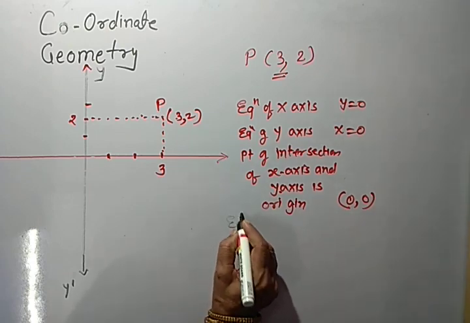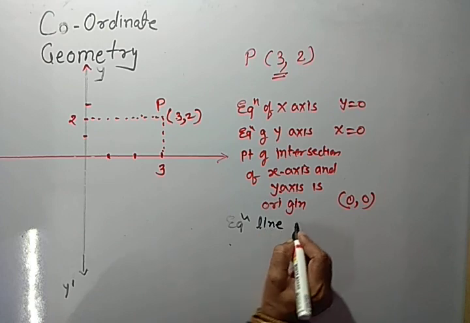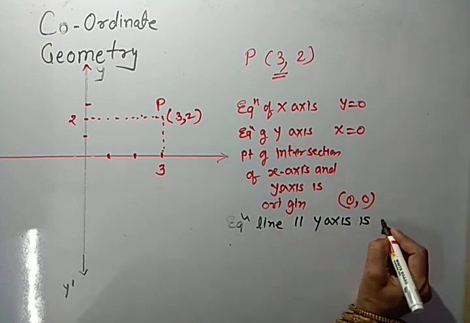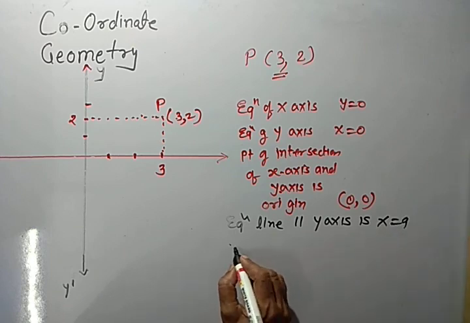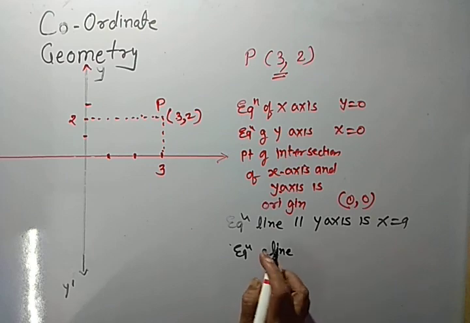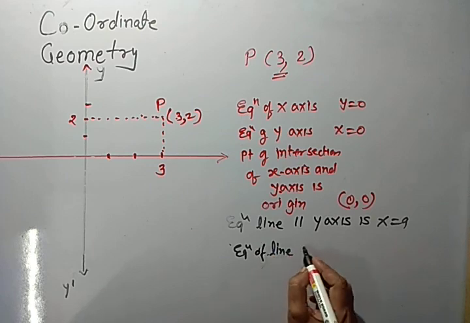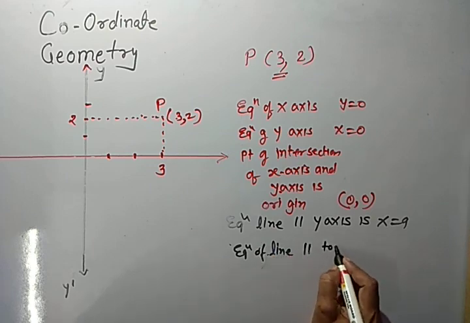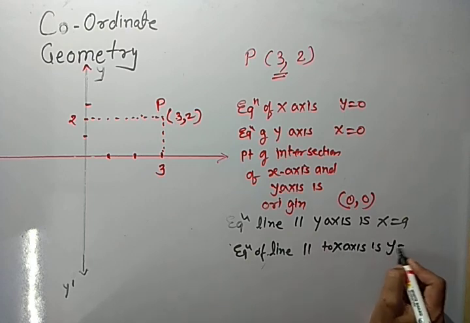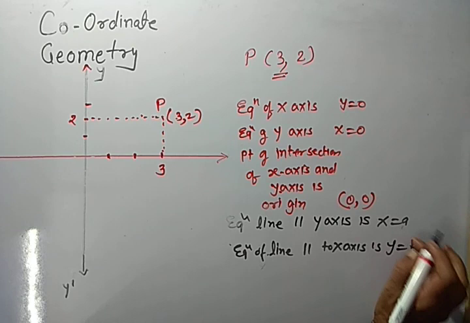The equation of a line parallel to the y-axis is x = a. The equation of a line parallel to the x-axis is y = b, where a and b can be plus or minus.